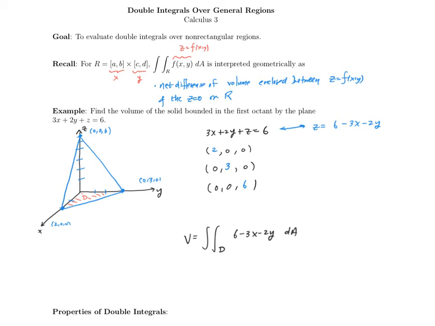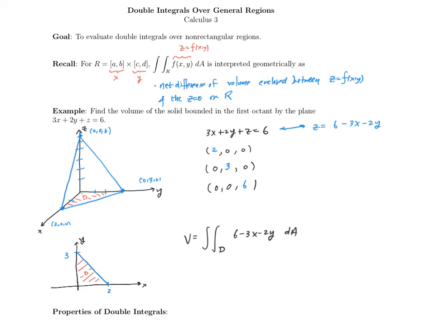If we focus in on this region D, and we sketch it in a separate xy plane, we have a triangular region which goes 2 units in the x direction, 3 units in the y direction, and looks like this.